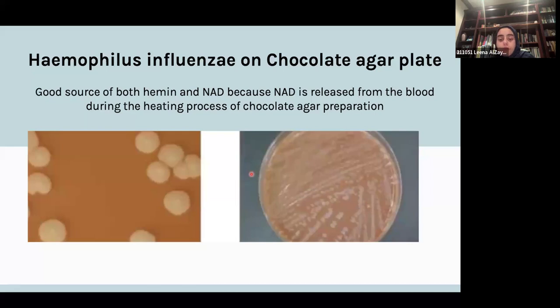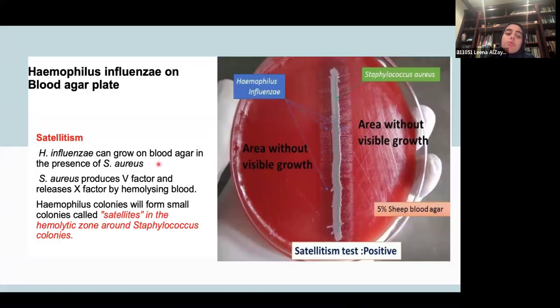Another test we have to do for Haemophilus influenzae is satellitism, which is basically putting Staph aureus in the middle, and Staph aureus breaks down blood. When it breaks down blood, it releases heme and NAD, which is factor X and factor V. And so when you put Haemophilus influenzae next to it, it grows a lot because of the staphs releasing factor V and X after breaking down the RBCs.